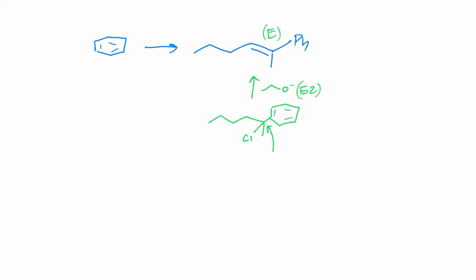I can think of a couple different ways to make that bond, but most likely we're going to have to functionalize the aromatic ring, turn it into a nucleophile, and then make that bond. So there's a couple options. We could look at it as synthesizing an alcohol and creating this bond, and we learned how to create that bond in the alcohol chapter.